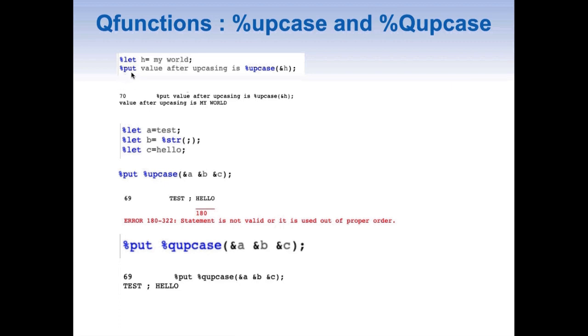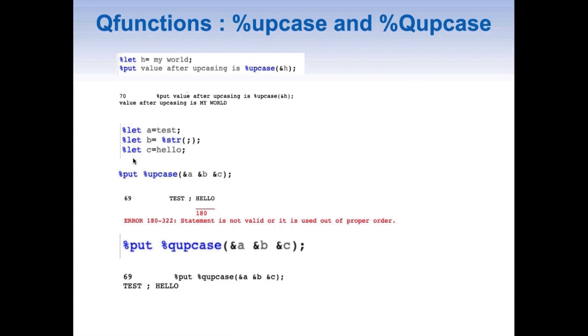And in here I am doing a %put and using %upcase on this macro variable h. You can see here that in the result we have my world upcased. That is, by using %upcase we were able to upcase the value of the macro variable, and there is nothing special about this. Now to understand Q functions, let's get into another example.